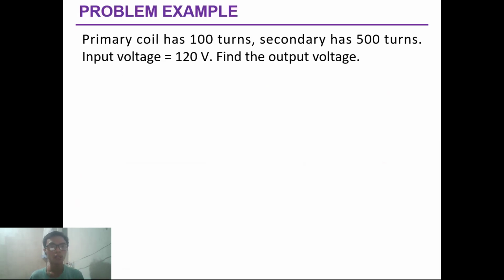The primary coil has 100 turns, the secondary has 500 turns, and the input voltage is equal to 120 volts. We need to find the output voltage. So how are we going to do that?